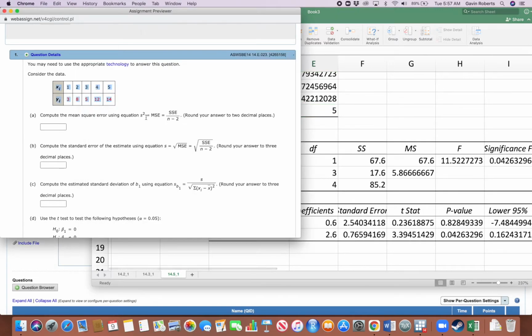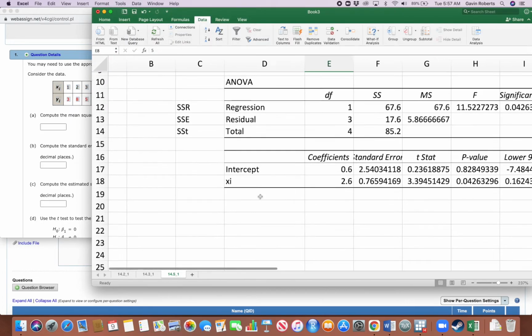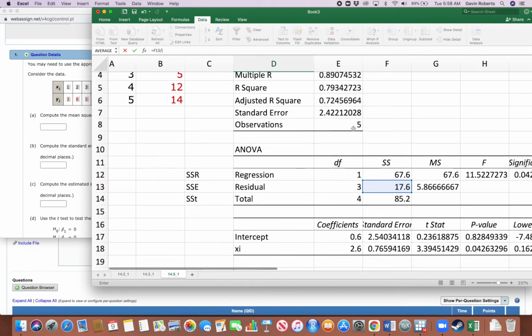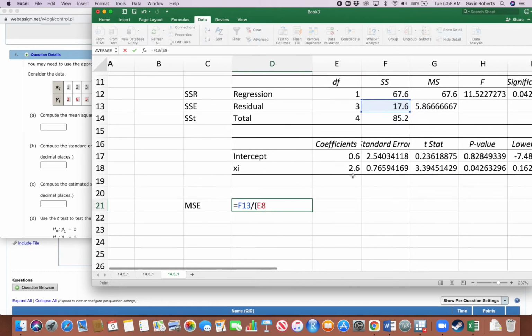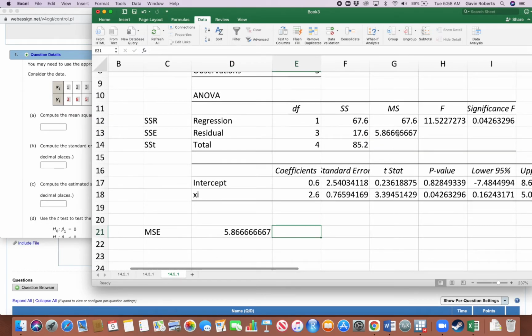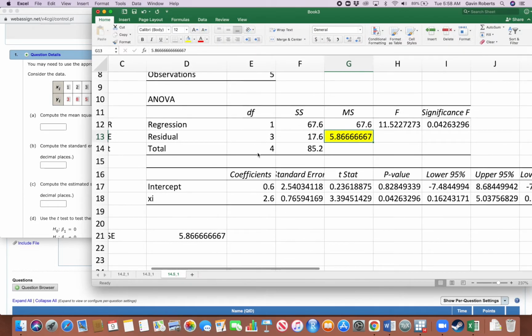So they say this MSE is going to be equal to SSE, that number, similar to the last spreadsheet, divided by n minus 2. That's the formula they give us right here. Notice that is right there, so they're giving us that number in Excel too.